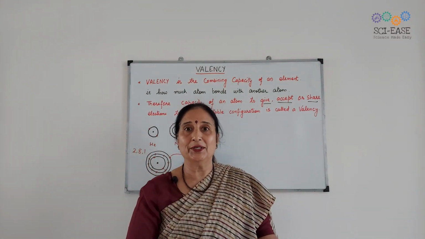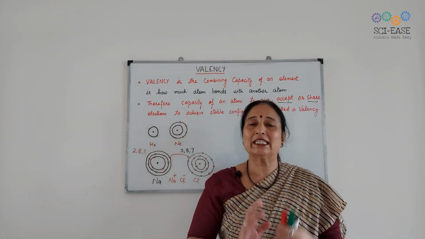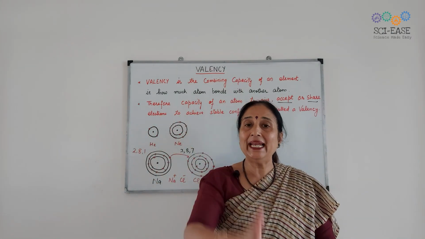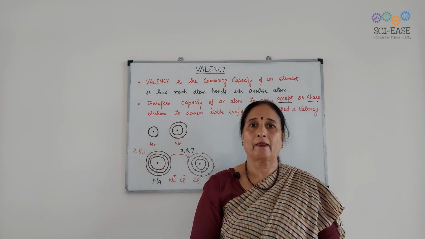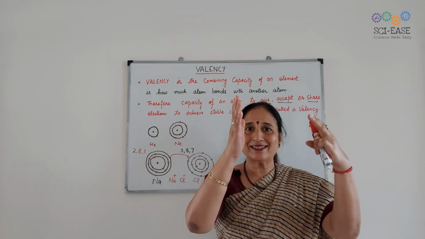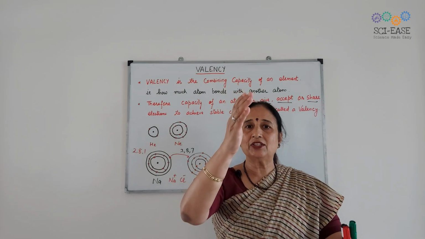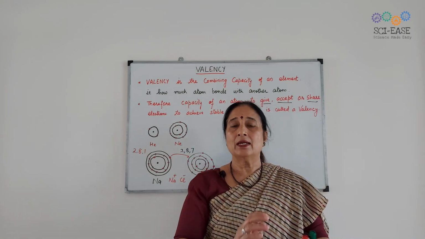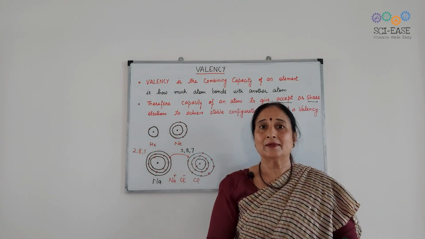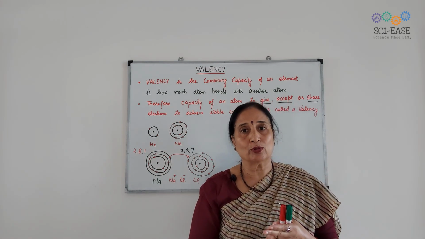I want to tell you that when you see the periodic table, the elements present in the first group, that is lithium, sodium, potassium, rubidium, and so on, the alkali metals, all have 1 electron in their outermost shell.